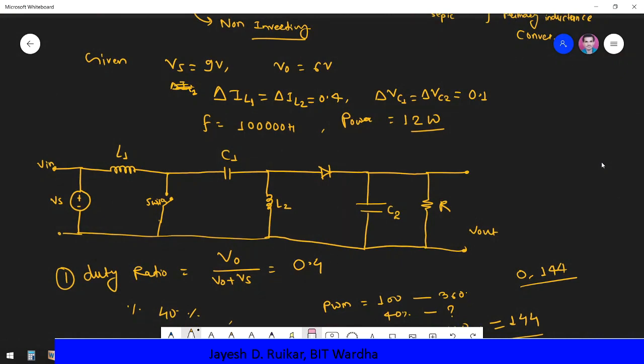So we got L1 equal to 90 microhenry. This is 80 microfarad. This is also 80 microfarad. This is 90 microhenry. This R value we got is 3 ohm. Okay, this is MOSFET. And then Vs that is 9 volt. This is what our diagram is.